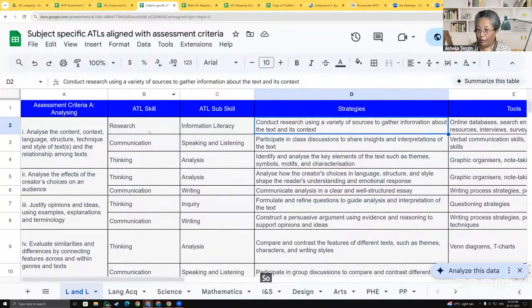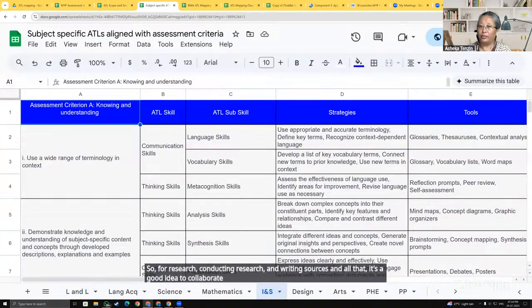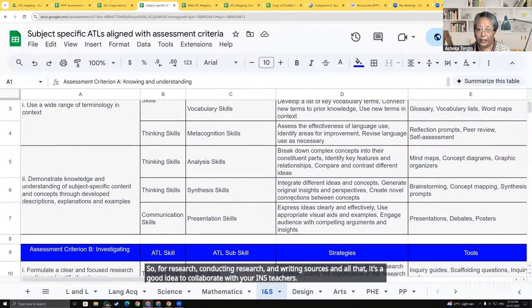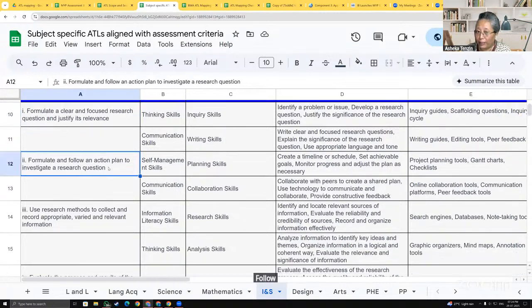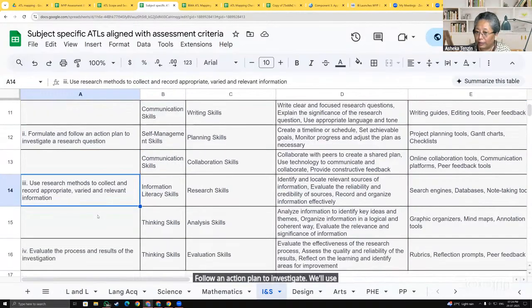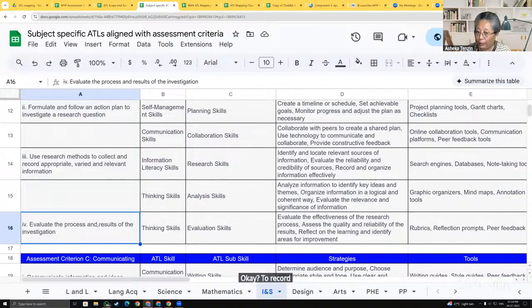So for conducting research and writing sources and all that, it's a good idea to collaborate with your INS teachers. Why? Because in INS, criteria B is investigation. They have to teach this skill: formulate a clear research question, follow an action plan to investigate, use research methods to record, evaluate the process.